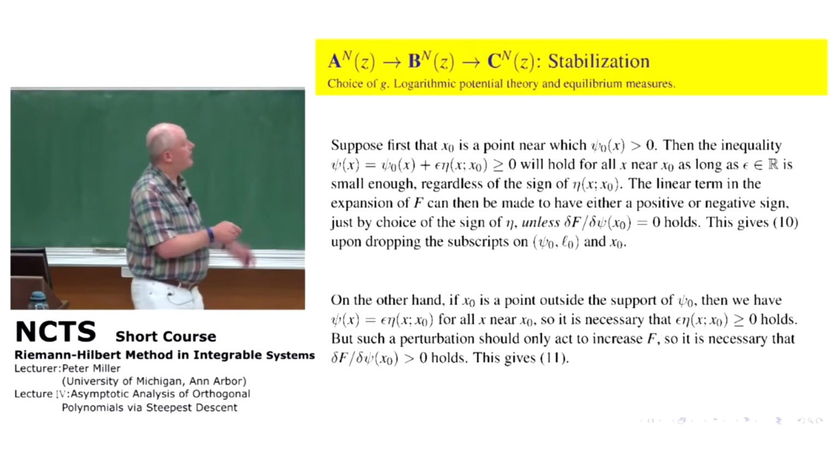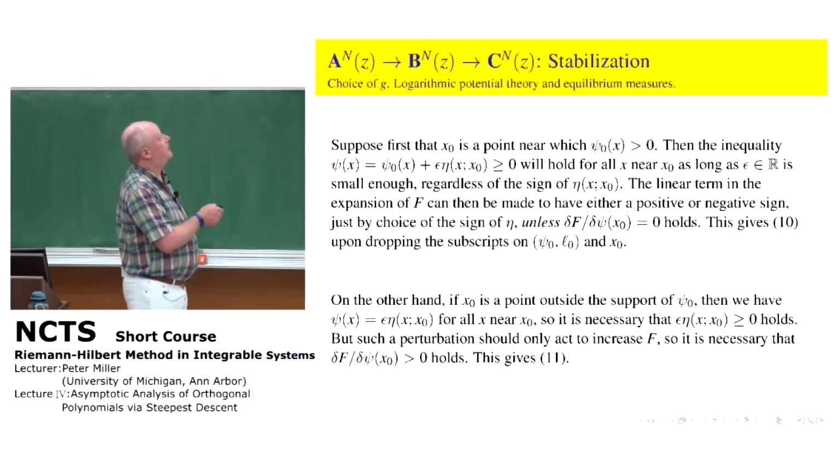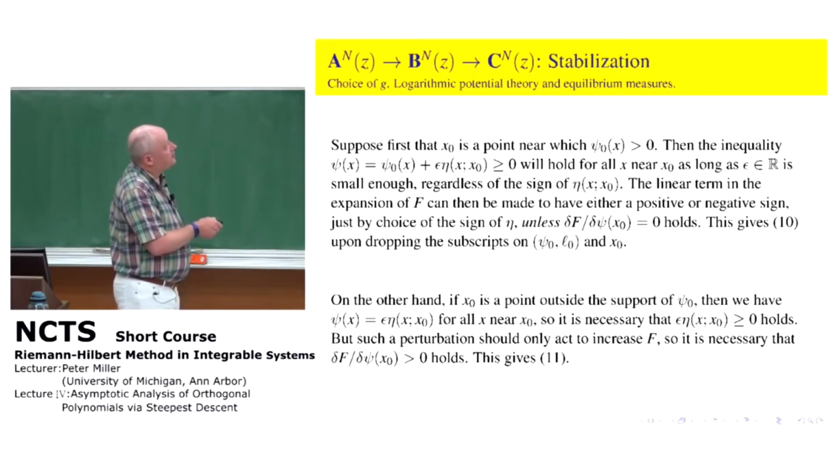Okay. So now there's kind of two cases. The first case is that this point x naught is in the support of our density, so it's a point where psi 0 of x is positive. Then the inequality that psi of x should be greater than or equal to 0, where psi is the original value plus this test function perturbation, is going to hold for all x close to x naught if epsilon is small enough, regardless of the size of this thing. The point is that this is already positive, so you're not going to get something negative by adding a little bit.